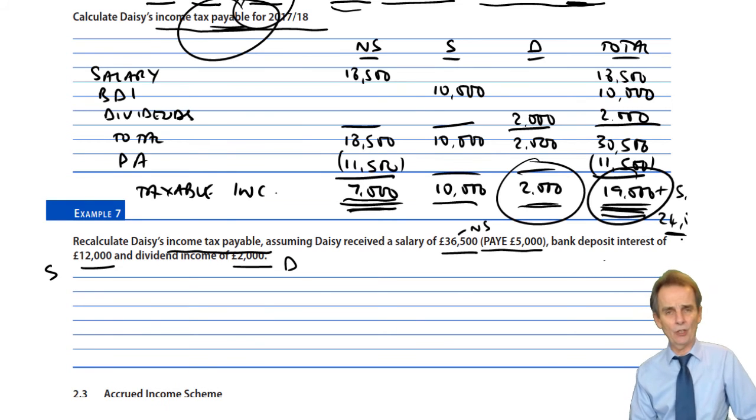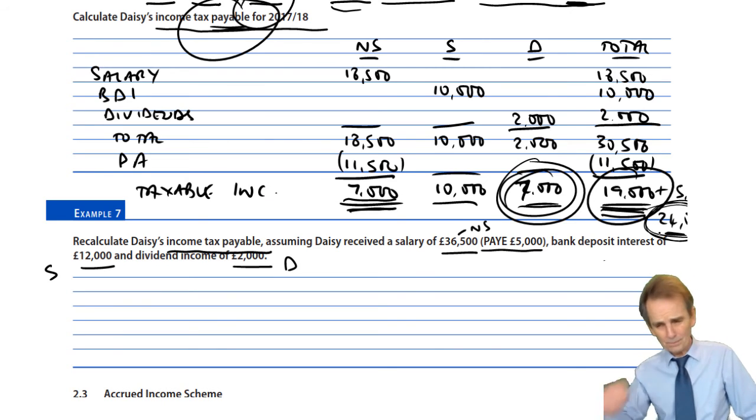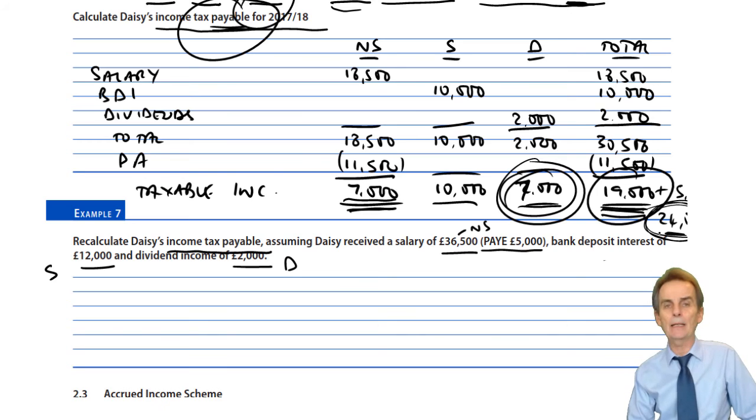So when it came to the taxation of the dividend income, if that was now £7,000 rather than 2, the first 5,000 of that 7 is the dividend income nil rate band. That still leaves £2,000 of dividend income above the nil rate band and within the basic rate band, given our total taxable income would now have gone up to just 24. So therefore, back to your tax rates if need be, if you had taxable dividend income all falling within the basic rate band, it would be that 7.5% rate.